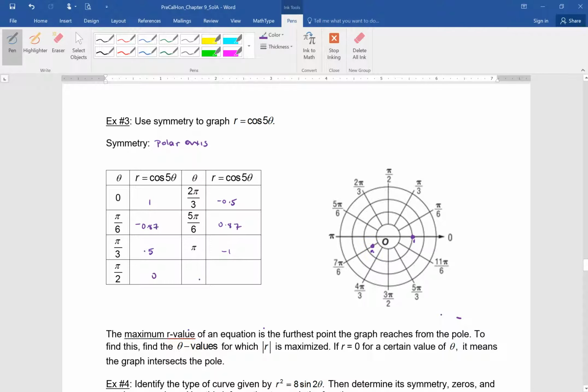And then the pi over 3 is 0.5. The pi over 2 is 0. That's my fourth point. 2 pi over 3 is negative 0.5. 5 pi over 6 is 0.87, here. And pi is negative 1, which is there, right?